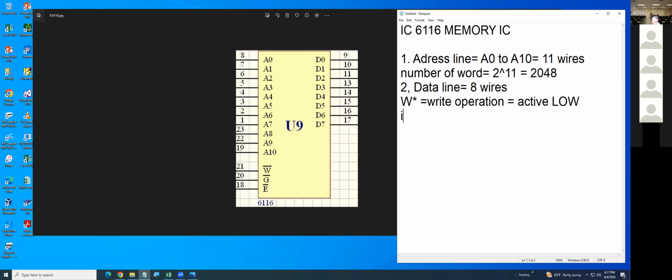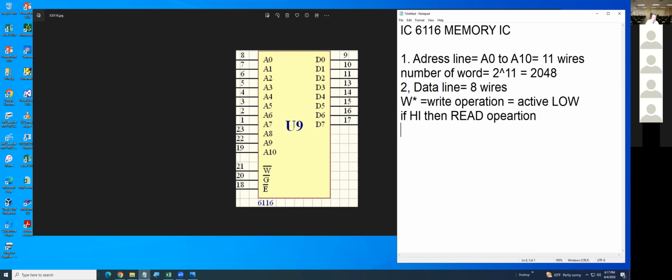If high, then read operation. So basically, if you want to write data into the memory, then pin 21 must be low.